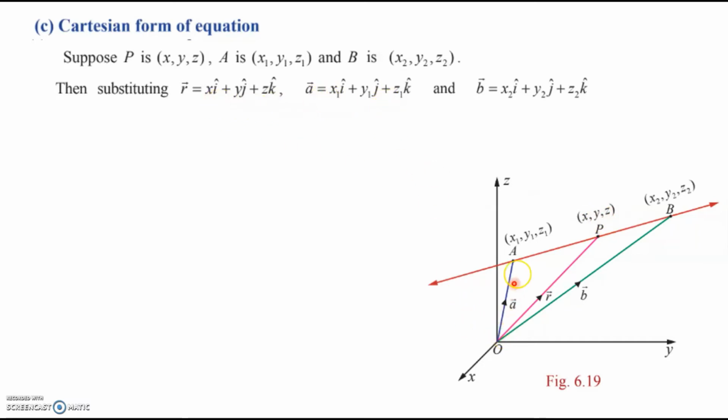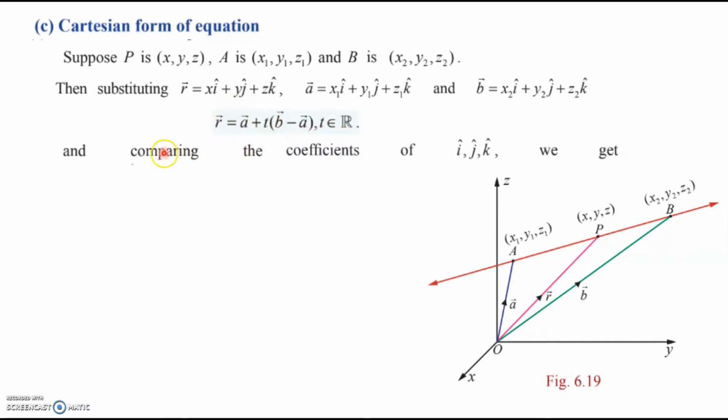Similarly, our vector A is x1, y1, z1 with i cap, j cap and k cap, and similarly the vector B here. If we substitute these values in our parametric equation, which is vector R is equal to vector A plus t into B minus A, where t belongs to R, and then compare the coefficients of i, j, k, we can derive this formula. How did we get that?